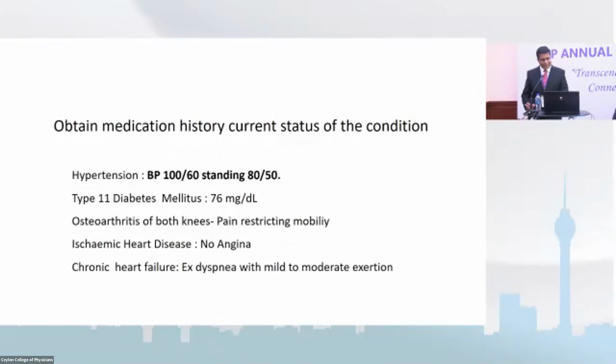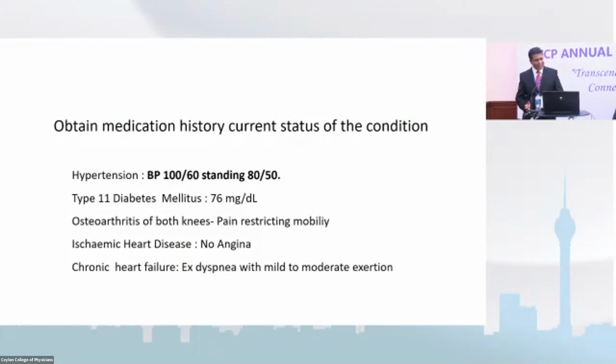So when we obtain the medical history of our patient and current status, you can see the patient is hypertensive. The patient's blood pressure was 100/60, and standing was 80/50. So definitely she has a postural drop. She is diabetic and her blood sugar was 76. She has OA of the knees and pain restricting her mobility.